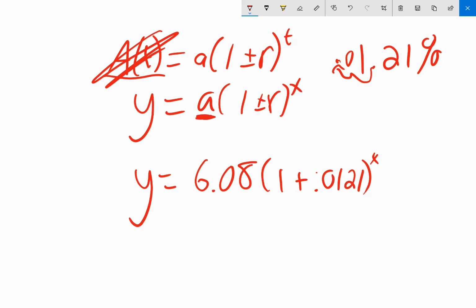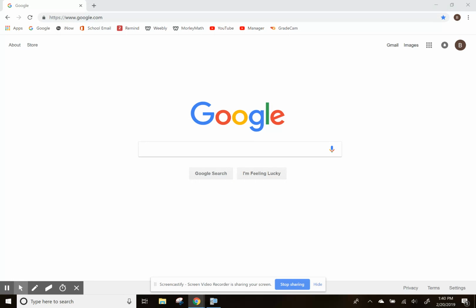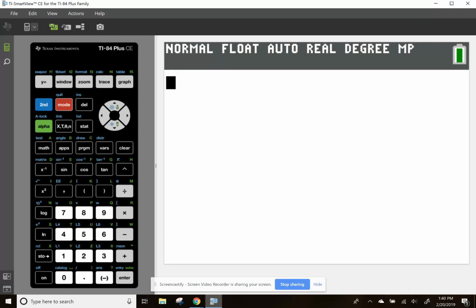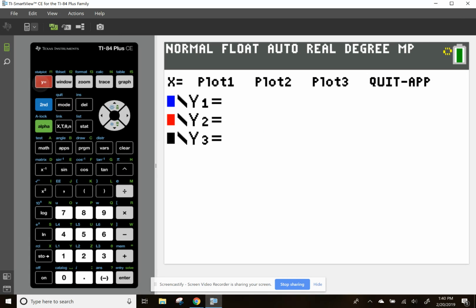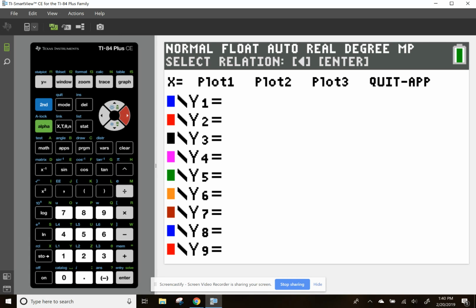And now to do part C, I'm going to have to close this real quick and open up my calculator. So in part C, here's how you would do it. You can go to your y equals and you can type in the equation you just came up with. So we're going to put the 6.08.